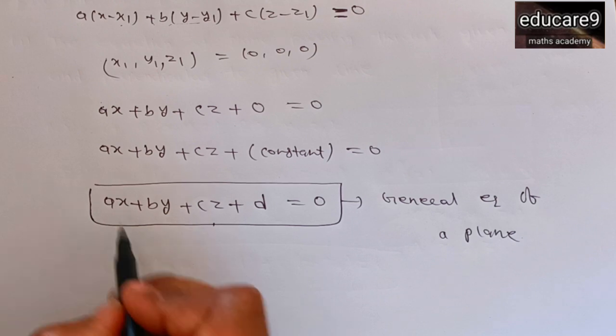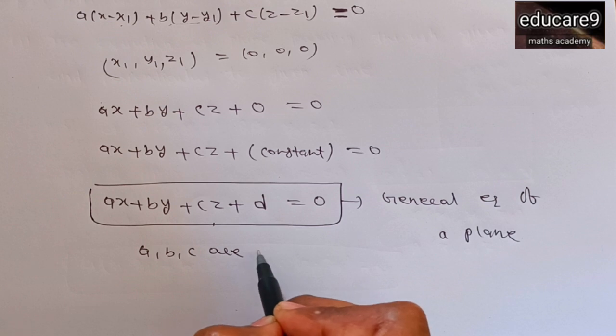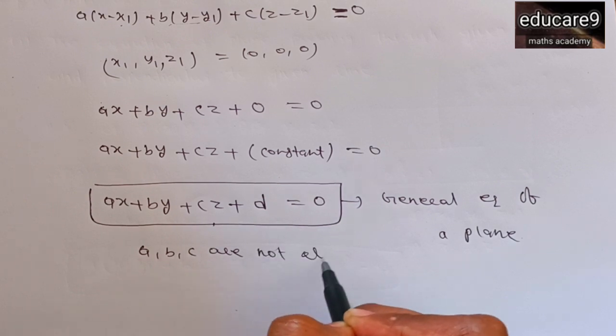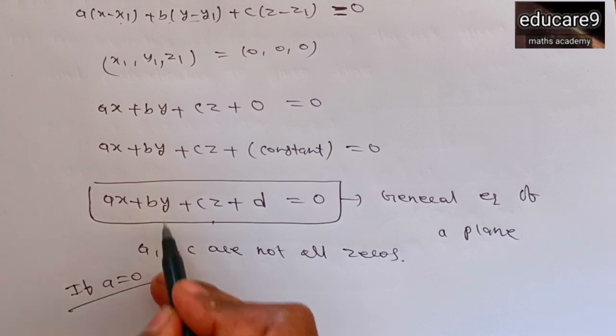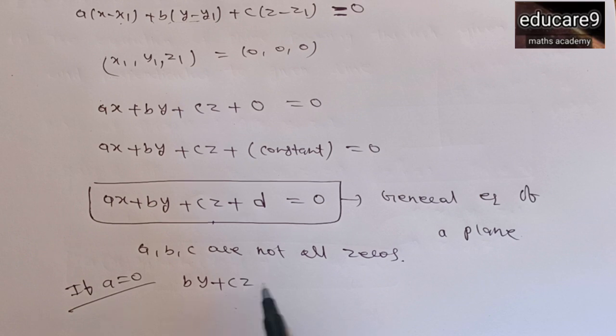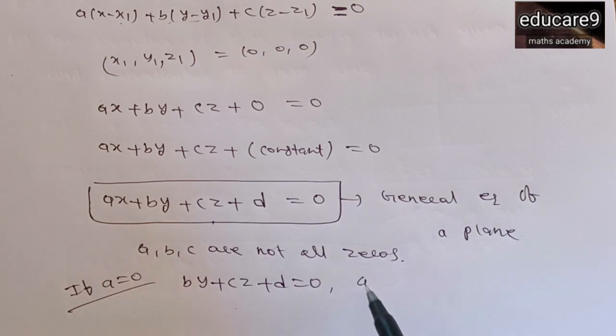So clearly this equation represents the general equation of a plane. Then what is the condition? Here a, b, c are not all zeros. If a equals 0, it becomes by plus cz plus d equals 0, which represents a plane. If b equals 0, you get ax plus cz plus d equals 0.